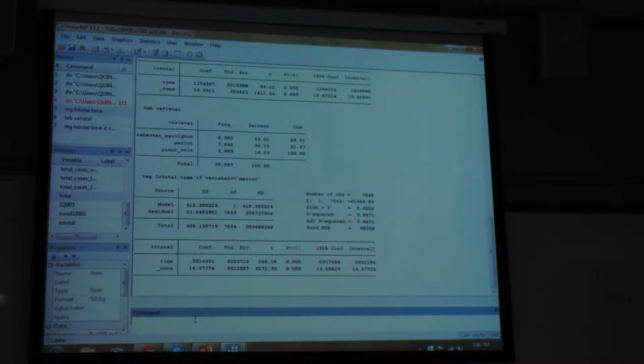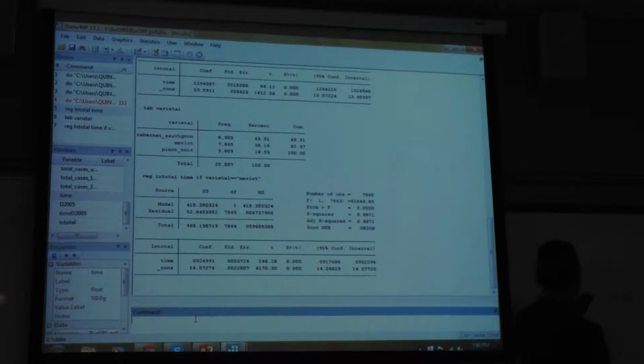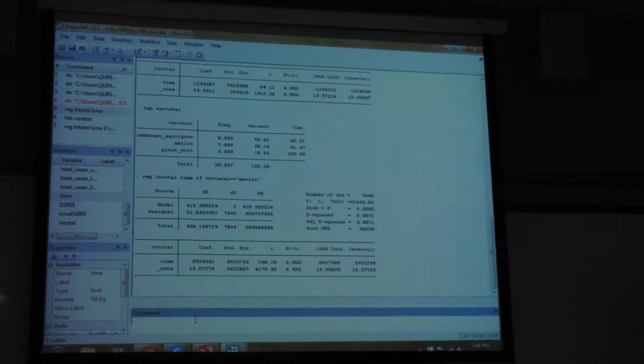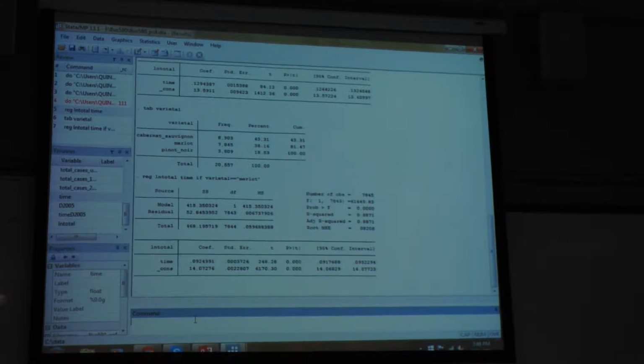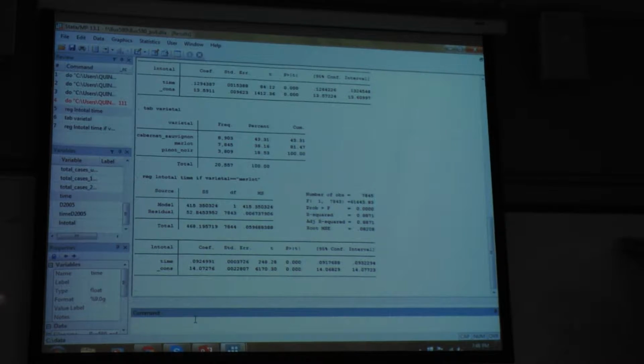Otherwise, go back. So we had data with all this full seasonality. And when we regress the average, just the simple straight line, we got the average growth rate. And that was fine if we're looking for the average growth rate.